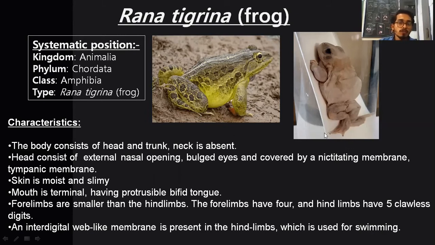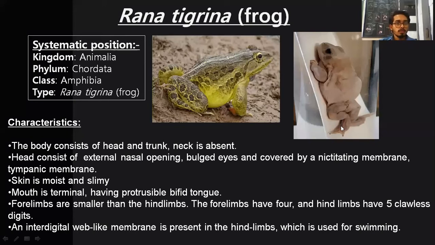You also find the hind digits have an interdigital web-like membrane. That means there is a membrane between the digits. Hence, this type of feet is also called web feet. So these frogs swim inside the water medium.